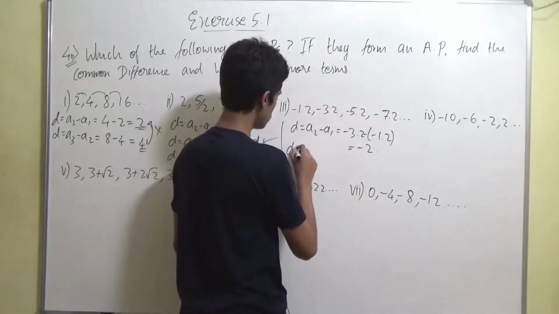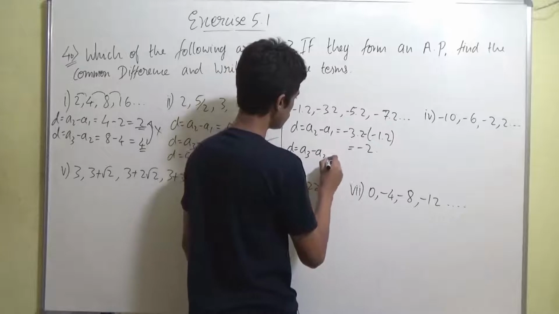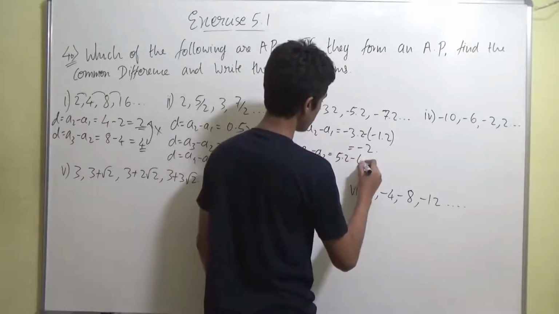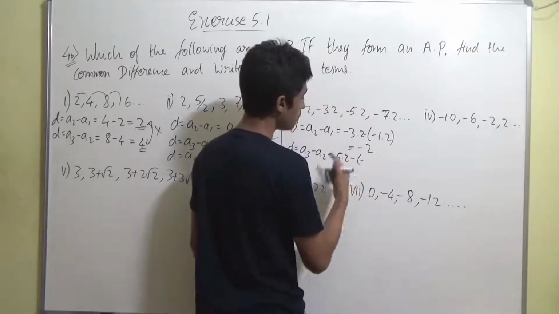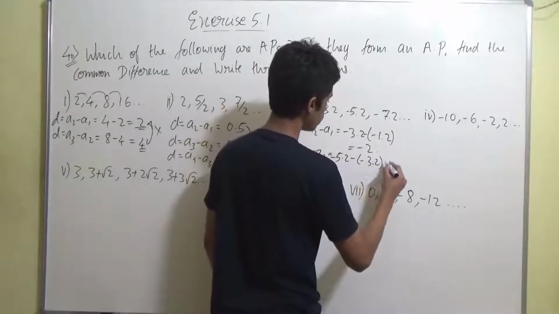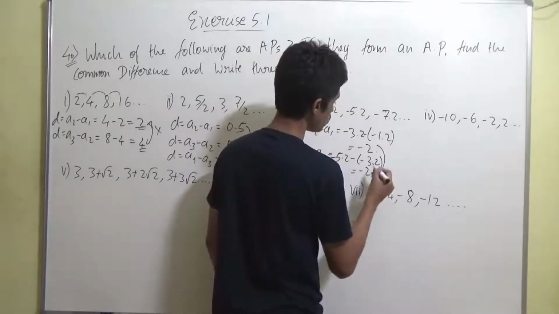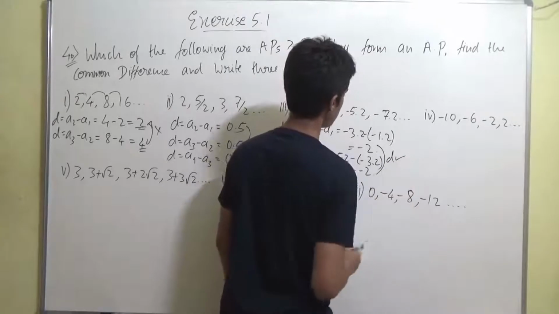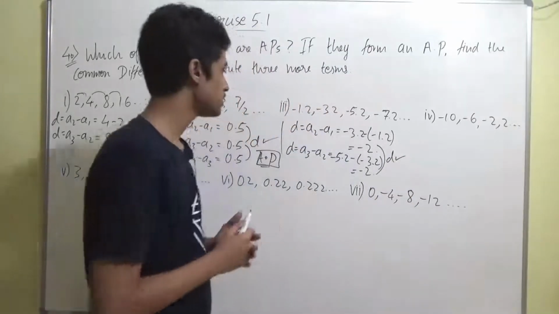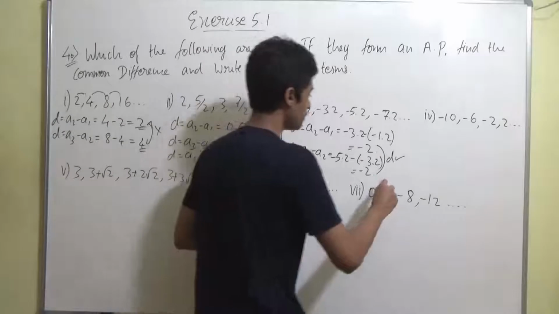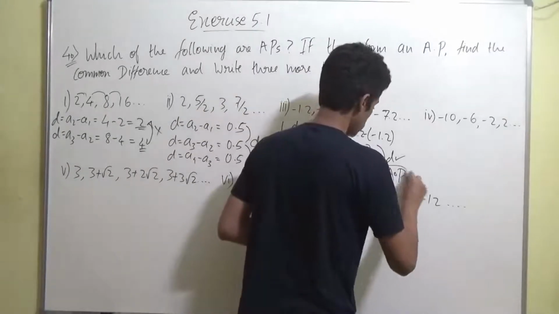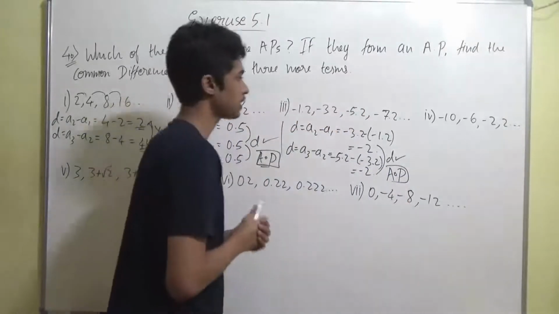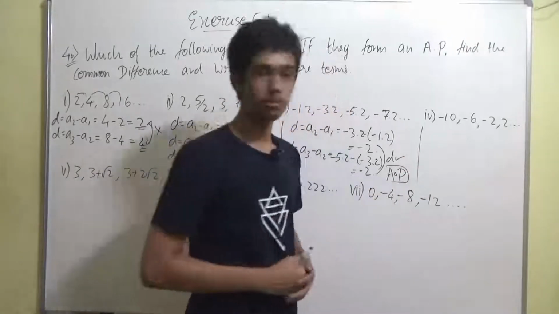Now if you do a3 minus a2, it will become minus 5.2 minus of minus 3.2. This will become equal to minus 2 again. So the difference is the same, which means it's an AP. Right, guys? Now let's go to the fourth sub question.